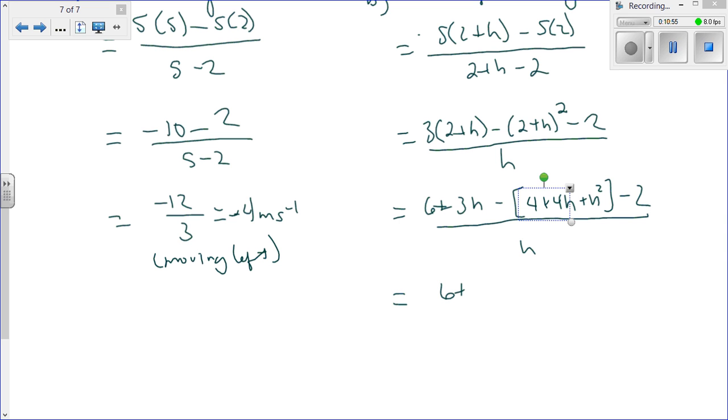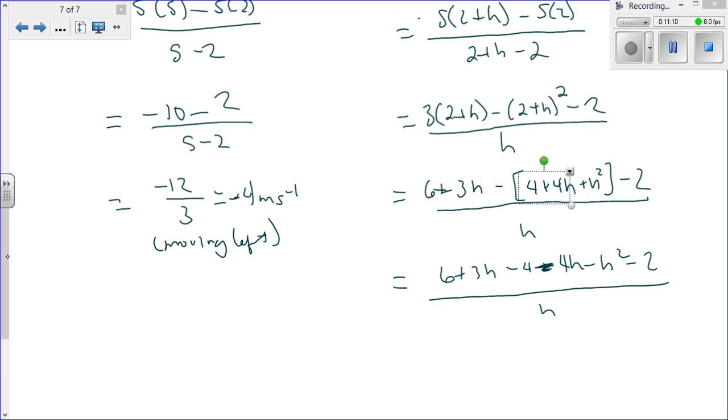So it's 6 plus 3h minus 4, sorry, minus, distribute my negative, 4h minus h squared minus 2 all over h.